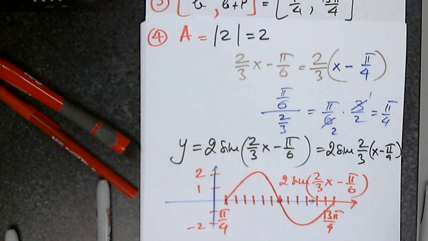Okay, now I have to go to the viewing window. So the leftmost point for us will be pi divided by 4. Then the rightmost point will be what? Exactly. 13 pi over 4. Good. And then the scale, let's choose pi over 4.